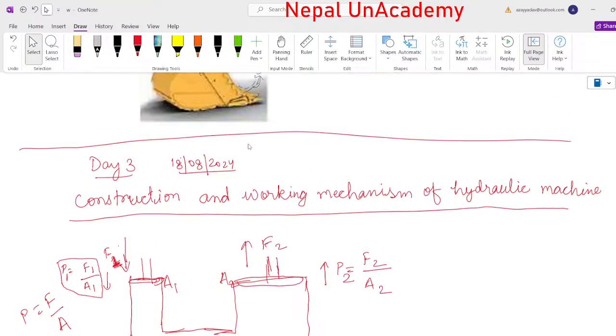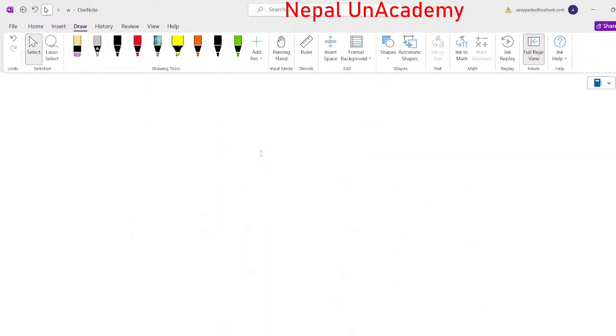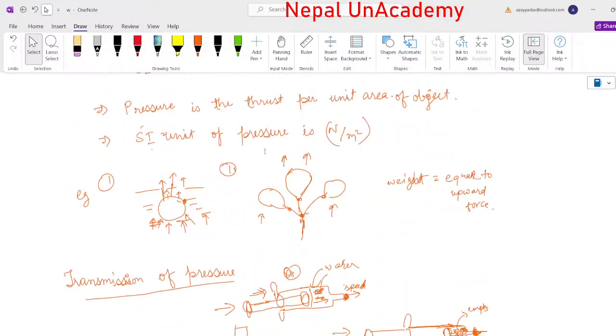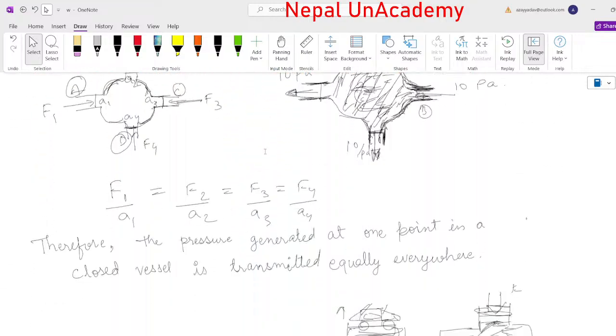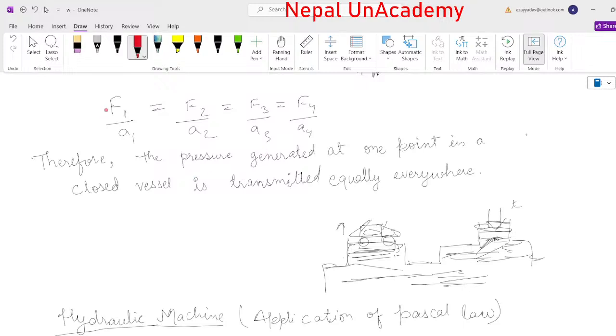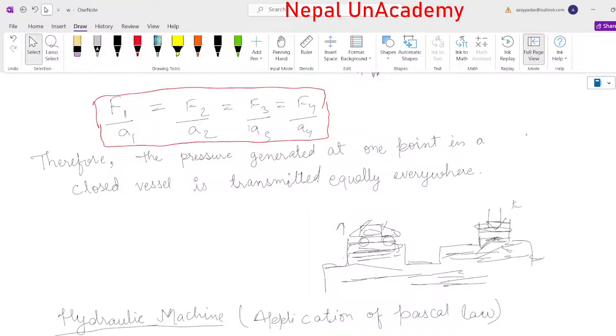In the previous class we have seen this one, which is Pascal's law in mathematical terms: force per unit area will always be equal, as pressure is equally transmitted in the normal, perpendicular direction.